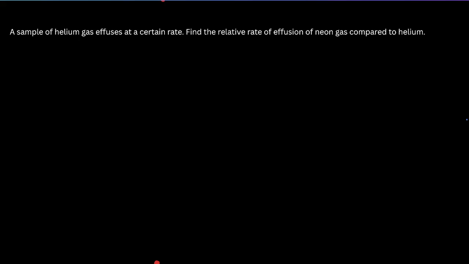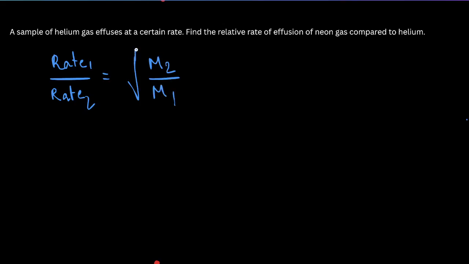First, let's start off by writing out Graham's law of effusion. The formula is rate 1 over rate 2 is equal to the square root of the molar mass of the second gas over the first gas. Let's make some minor modifications here.